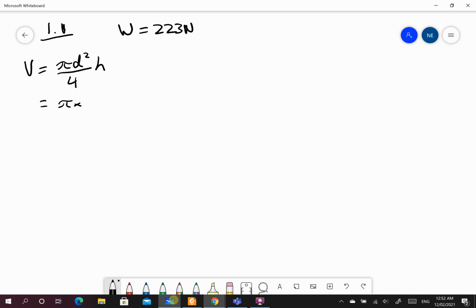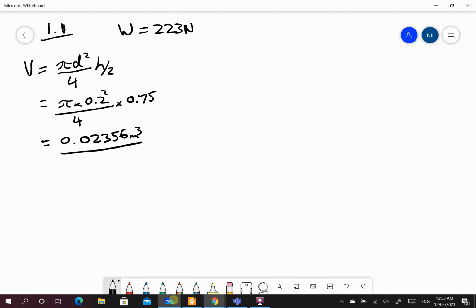It's pi times 0.2 squared all over 4 times, remember it's half full, so it's h on 2. So instead of being 1.5, it will be 0.75. Punch that into your calculator, you're going to get 0.02356 meters cubed. That's our volume.